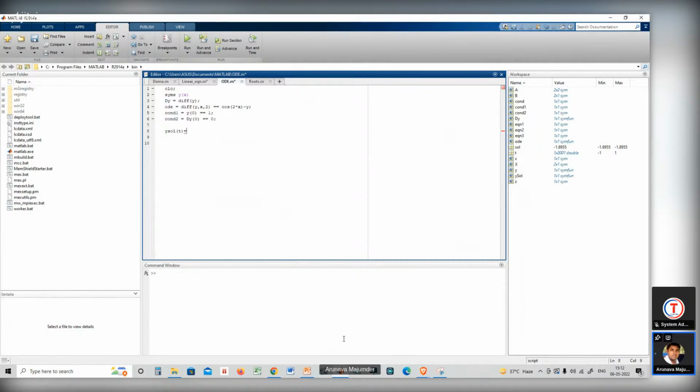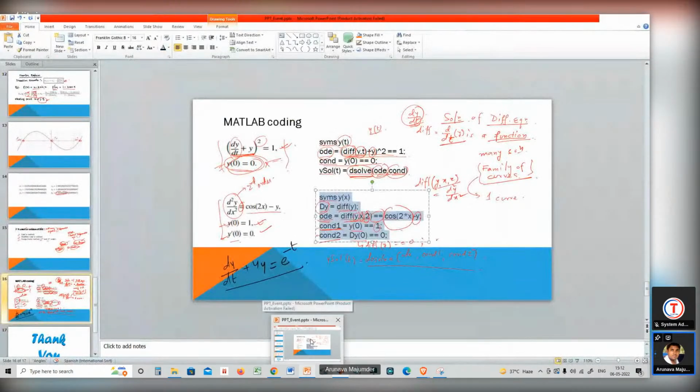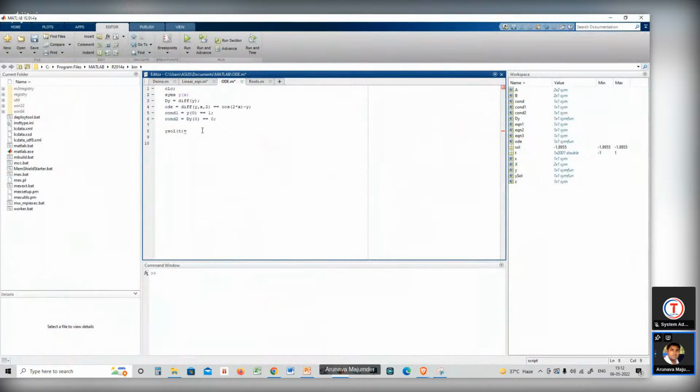And I told you that dsolve is the only function you need to use here, within brackets. Now what is the ODE? dsolve(ODE, condition 1, condition 2), and now we display ysolve.